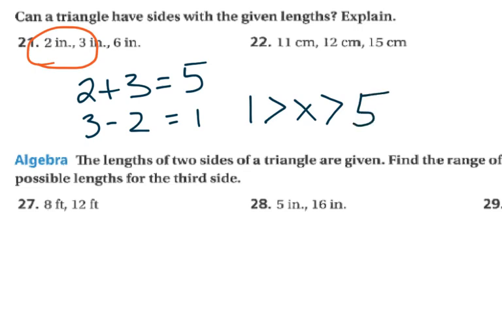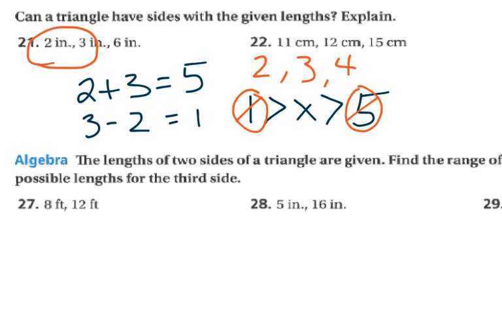1 and 5. It actually can't be 1, and it can't be 5. It can't be exactly 1, and it can't be exactly 5. It could be 2, it could be 3, it could be 4. It could be 2.1, it could be 2.2, and so forth. You know, it could be 4.1, 4.9, that kind of stuff.